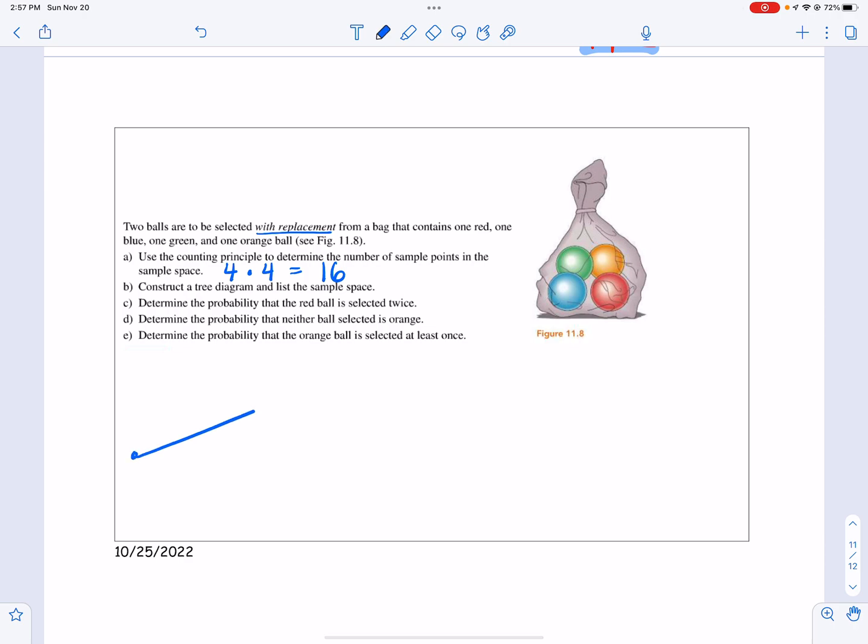So we've got red, blue, green, and orange. And then off of each of these, we have another 4 colors: red, blue, green, and orange.